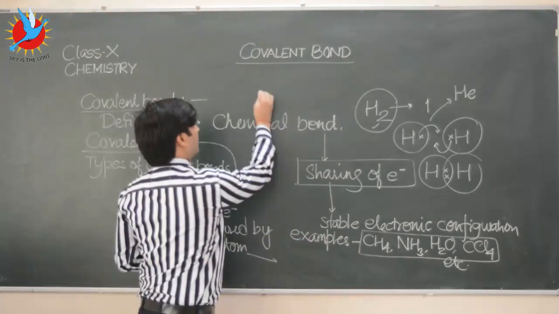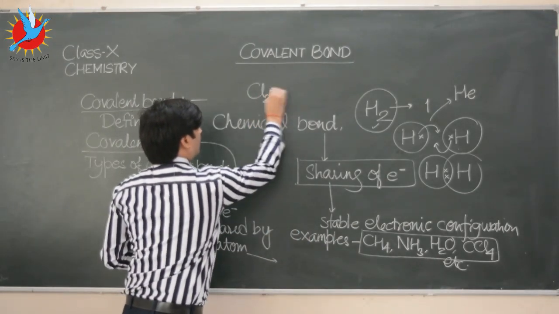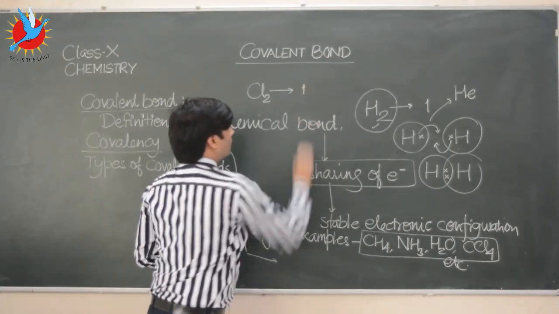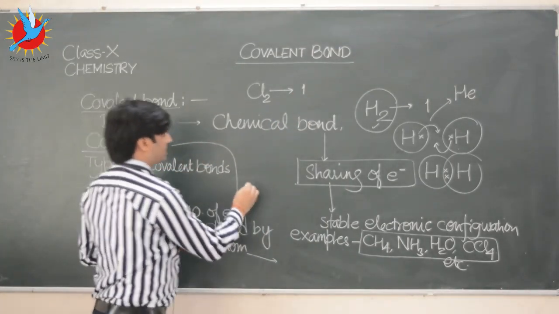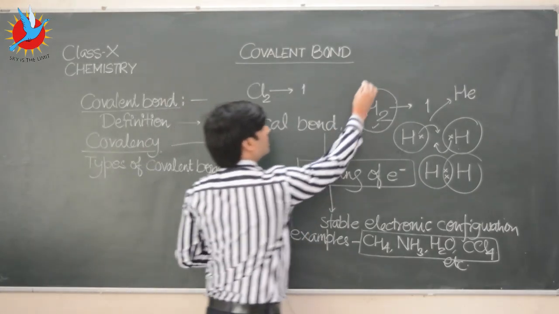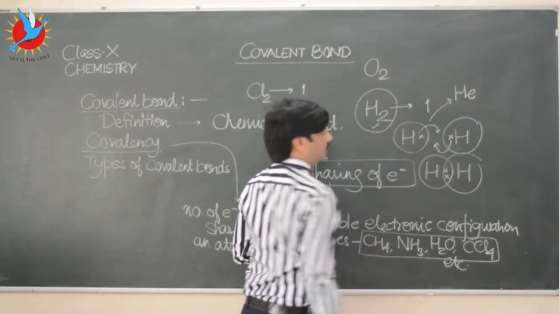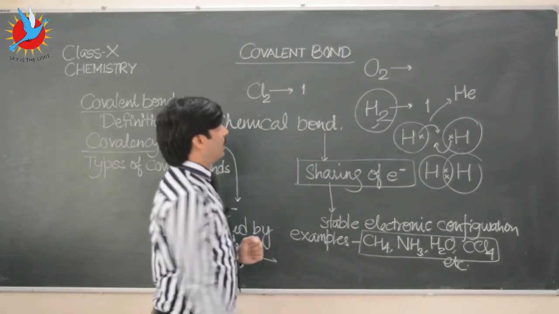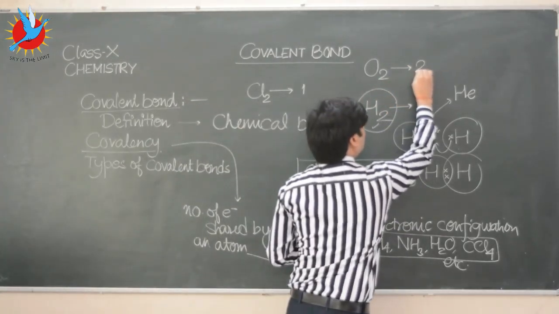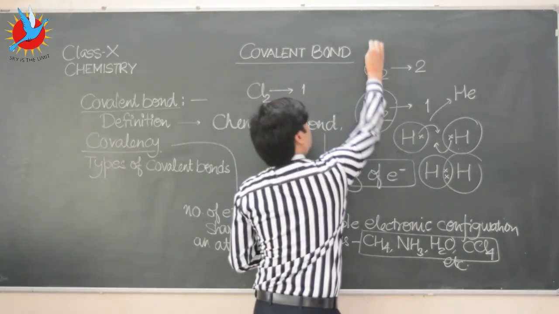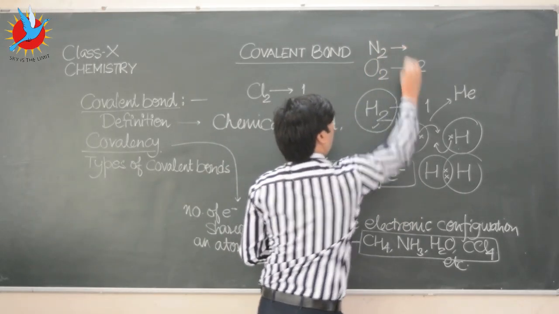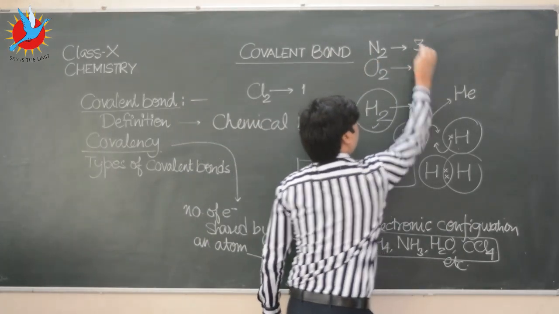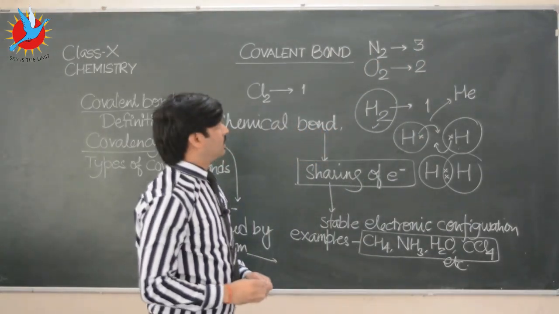At the same time, the covalency of chlorine is again equal to 1. In the same manner, the covalency of oxygen atom in O2 is equal to 2. And the covalency of nitrogen atom in the nitrogen molecule is 3.